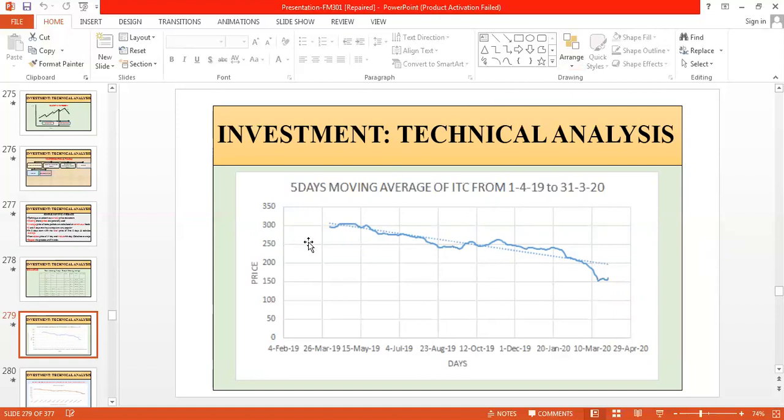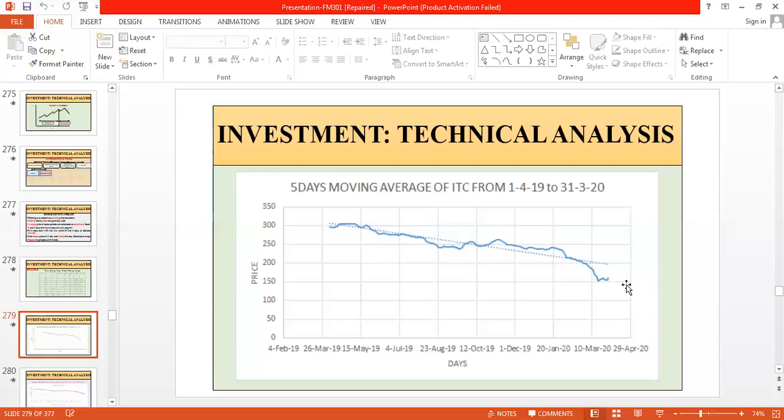This is the moving average curve which clearly indicates a downward pattern of the price movement. The downward pattern of the price movement indicates that there is a bearish market between April to March of the last financial year.